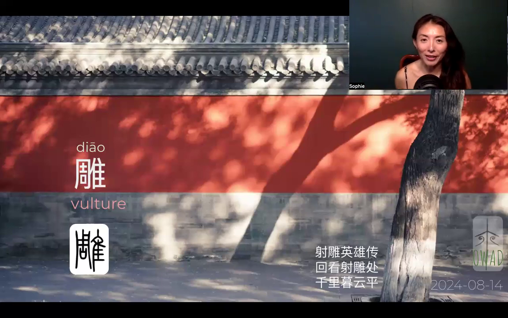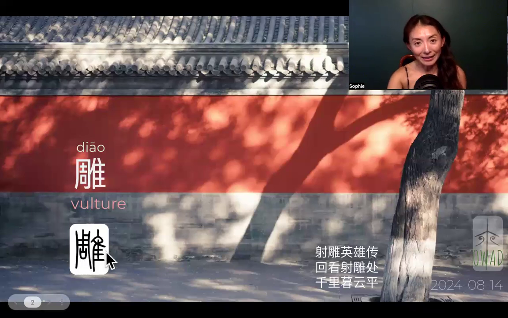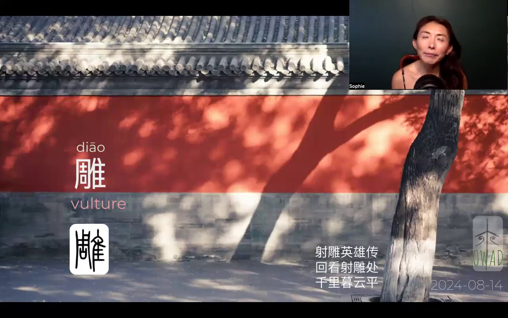and that becomes vulture. Just from the pairing of the character, this is a positive meaning word in Chinese. And it's almost like this bird, I guess, vulture probably, in Chinese culture, is viewed not as the scavenger, actually.